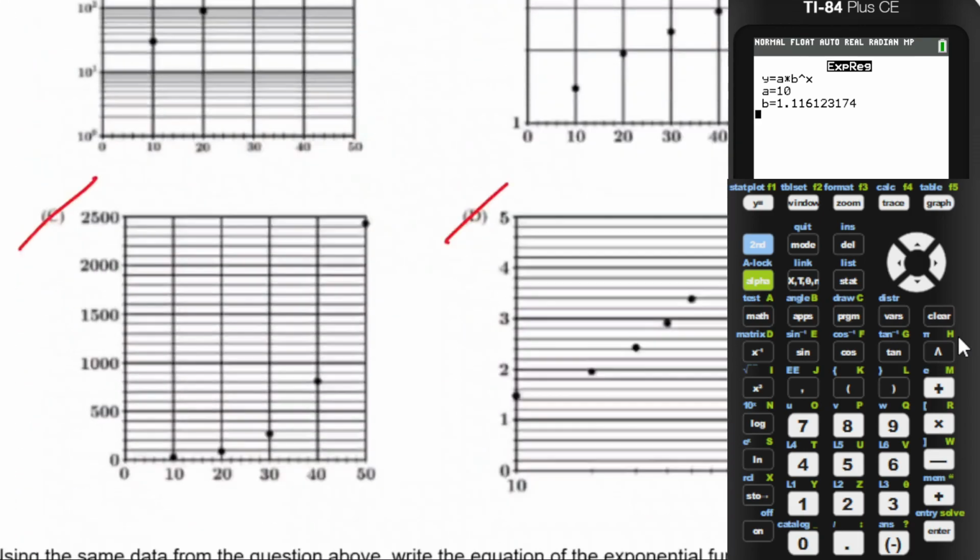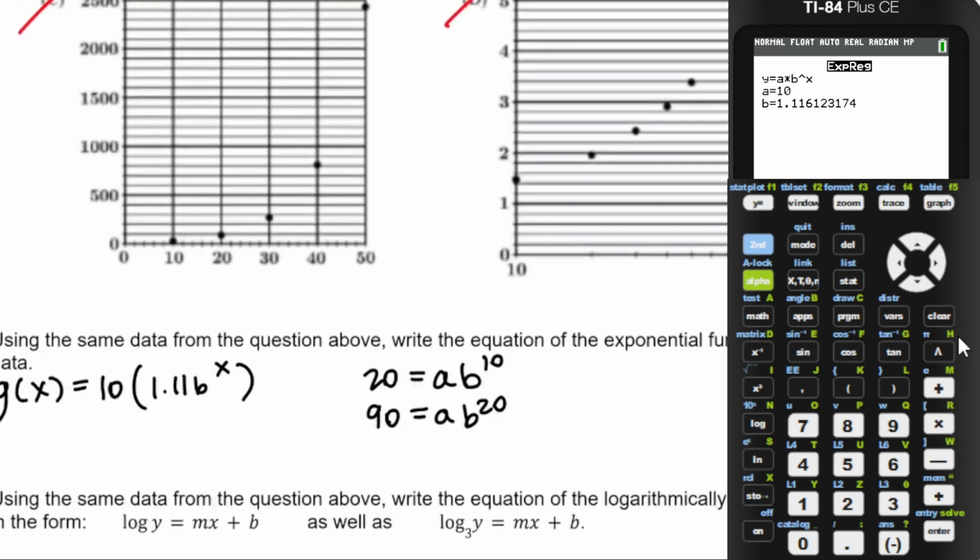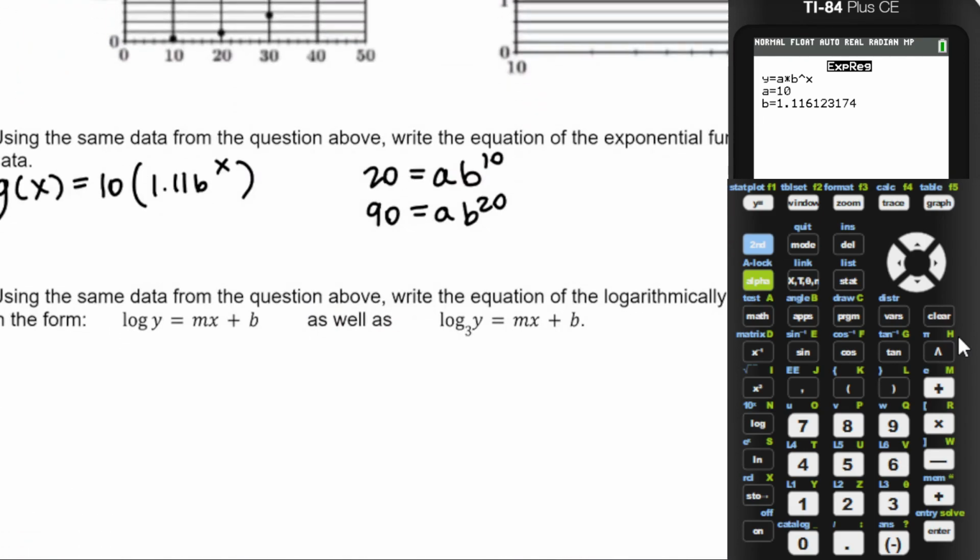Okay, 10, 30, 20, 90. So 30 is going to equal a times b to the 10, and 90 equals a times b to the 20. So I take the second equation and divide it by the first, and I would get 90 over 30, which is 3.